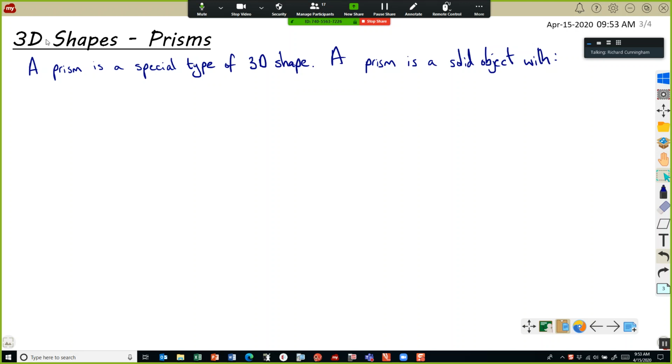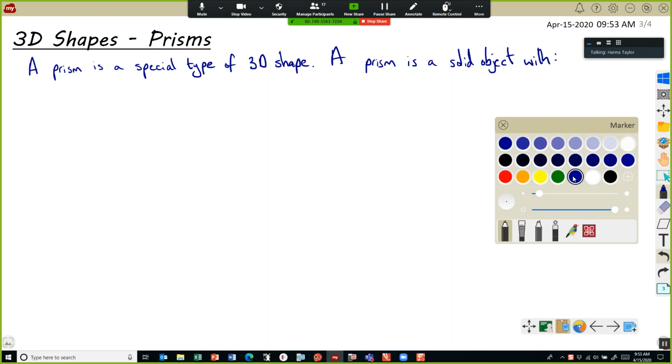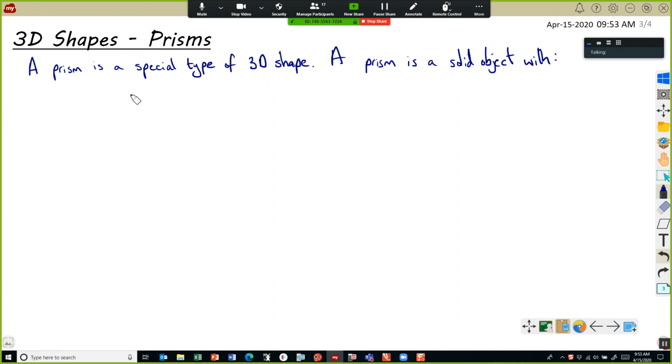All right, so 3D shapes, prisms. A prism is a special type of 3D shape. A prism is a solid object, and it has to have certain things. So let's use my pen. It has to have identical ends.